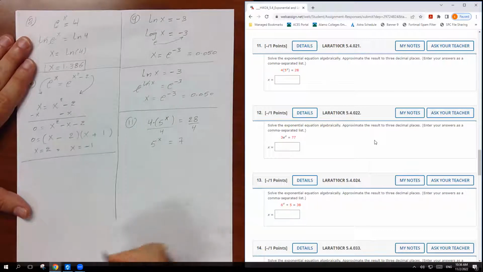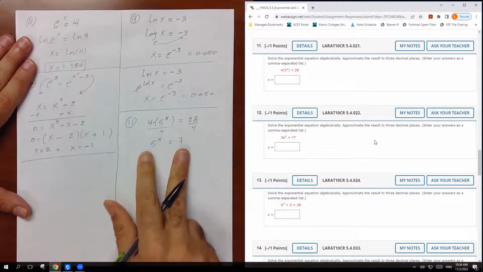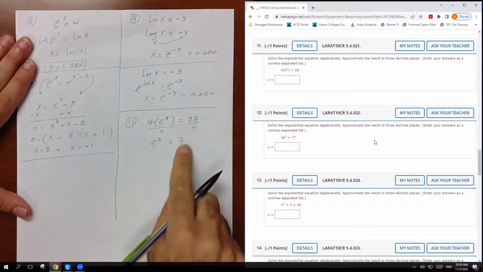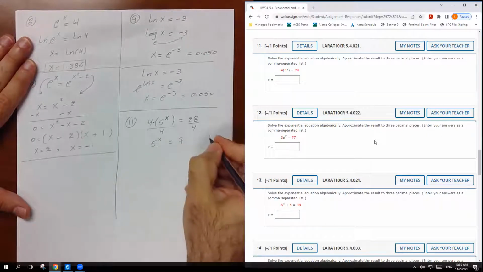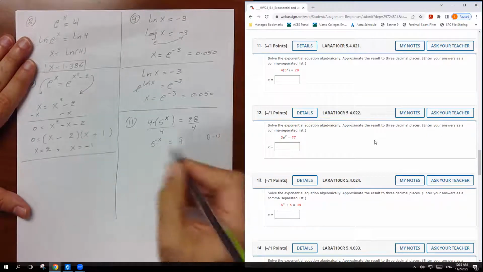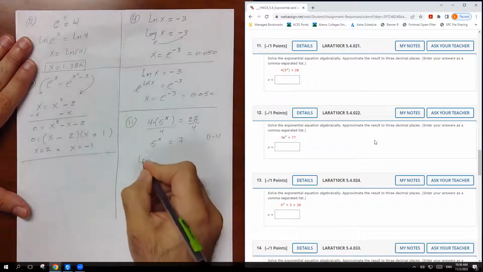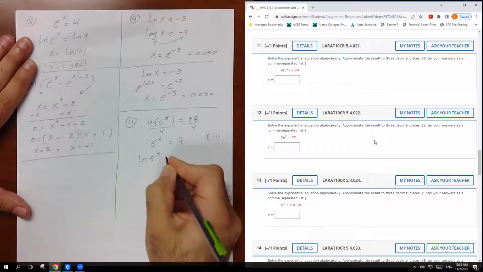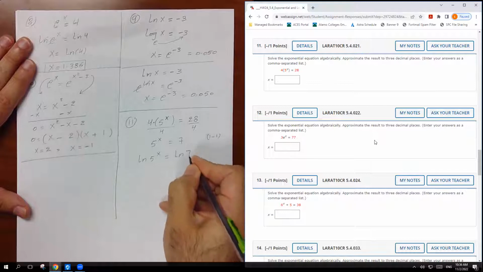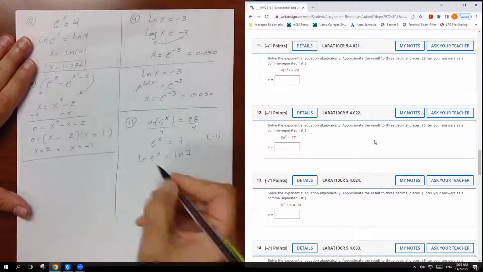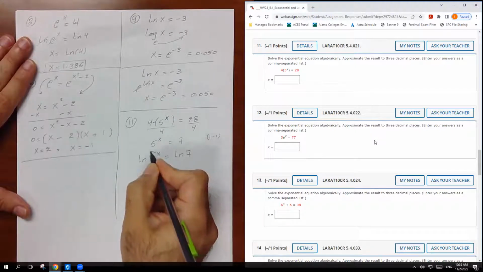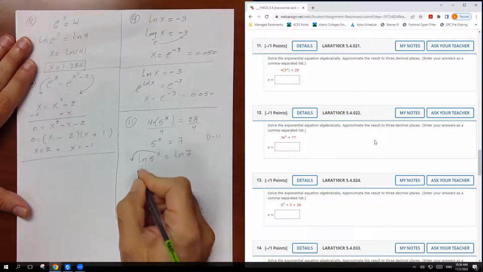Now in this case, how are we going to solve this one? We use the one-to-one property: x equals y means ln of 5 to the x equals ln 7. Then the next step, I'm using the power property, so move the x here.